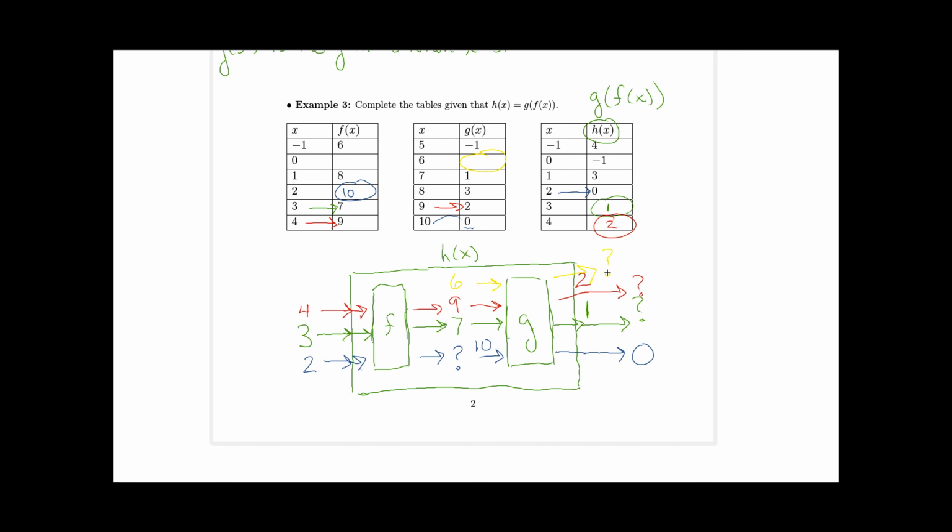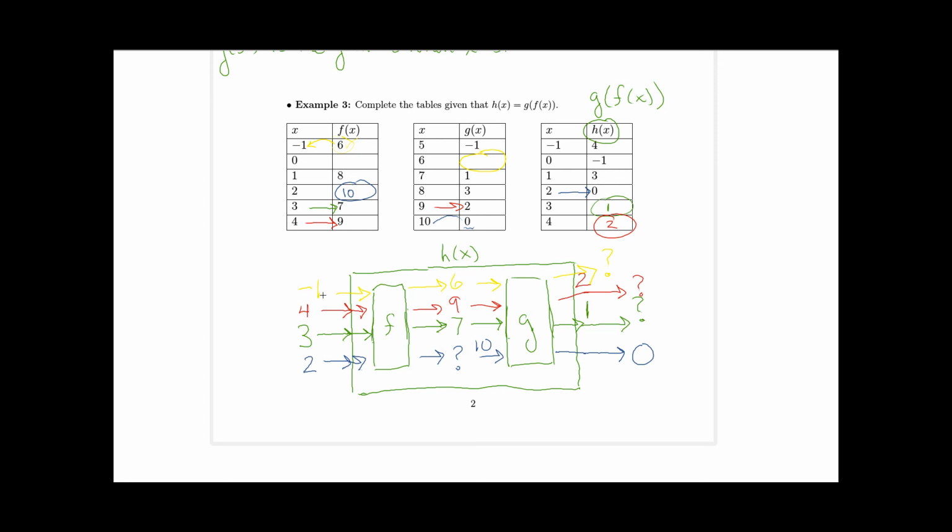Well, if 6 is an input for G, that must have meant it came from F, right? So is 6 one of the outputs for F? You bet it is. It's right here, this 6 up here. So where did that 6 come from? It must have come from -1. So that means if a 6 popped out the other side of F, we must have had a -1 going in in the first place.